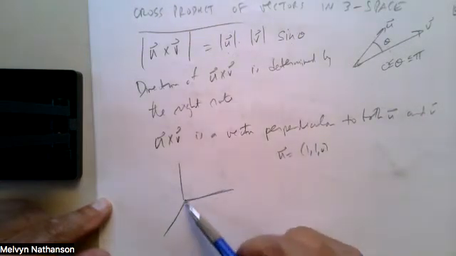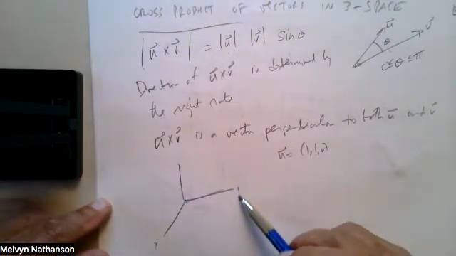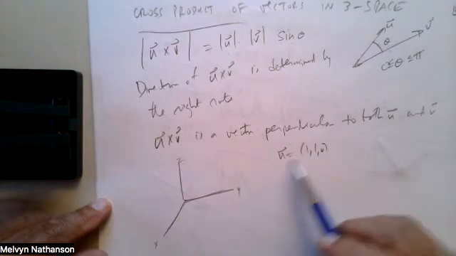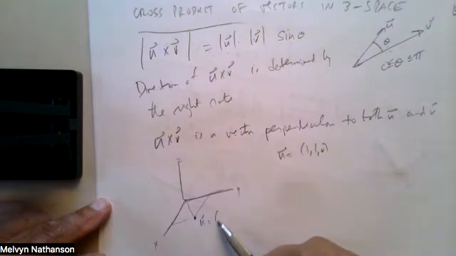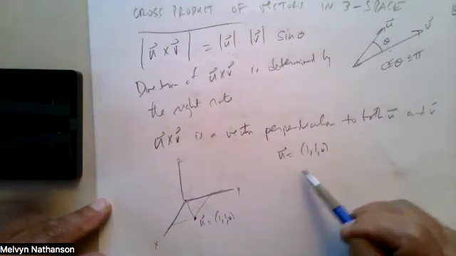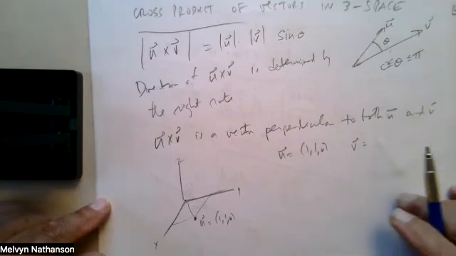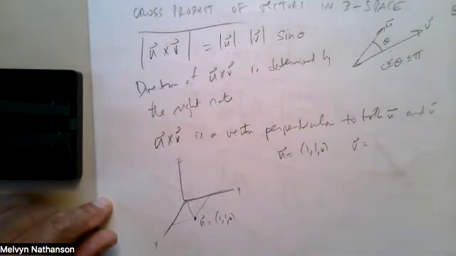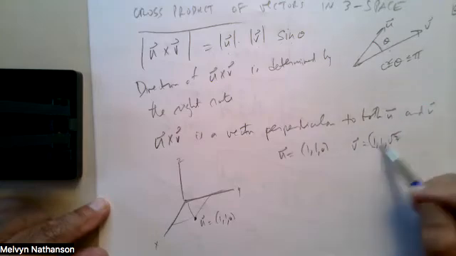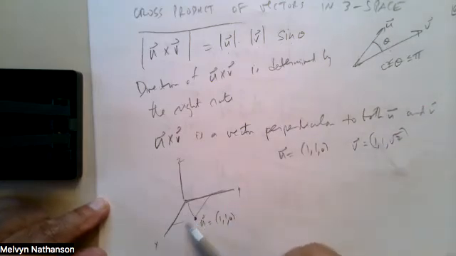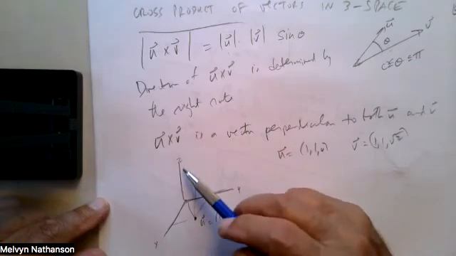So if this is the x, y, z space, the vector 1, 1, 0 is here. It's in the xy plane. So this is u, which is 1, 1, 0. Then v would be the vector 1, 1, square root of 2. So that's a vector which is sitting directly over this vector in space.